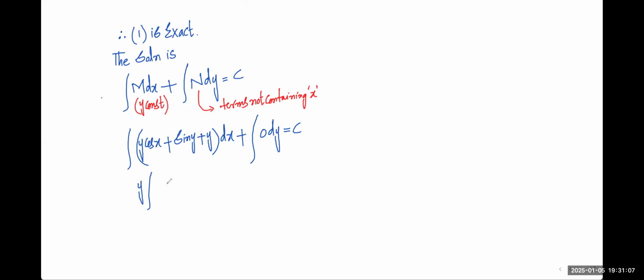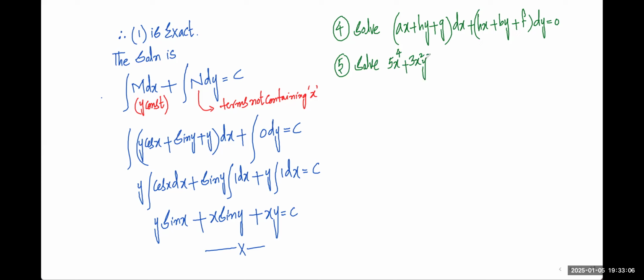This is the first question. Question number 5: solve (5x power 4 plus 3x square y square minus 2xy cube) times dx.